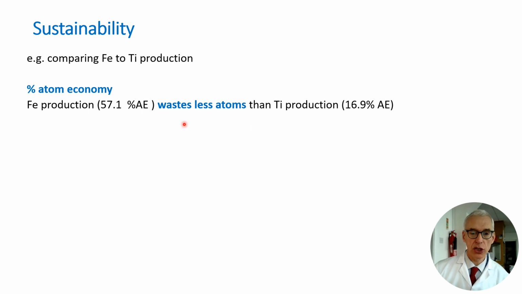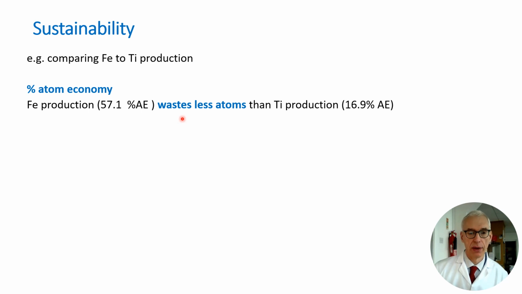So the production of iron wastes less atoms. So that means less atoms are released into the environment, so that is more sustainable, there is less pollution. It's also more economic. Of course, wasted atoms are atoms that have been paid for in one way or another, possibly both financially, but also in terms of energy.